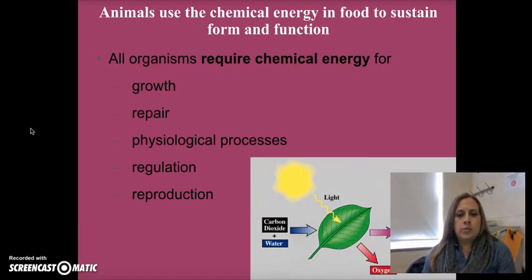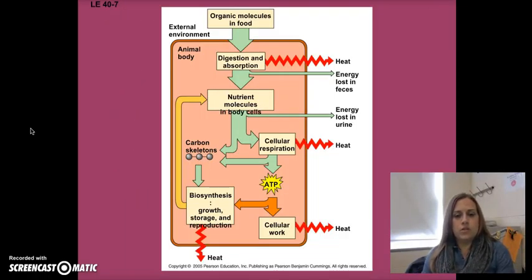Now, animals use chemical energy in food to sustain form and function. So all organisms require chemical energy for things like growth, repair, all their physiological processes, regulation, and reproduction. So here is a diagram that sort of explains how that works. So you need to take in organic molecules in food. They're going to be digested and absorbed.